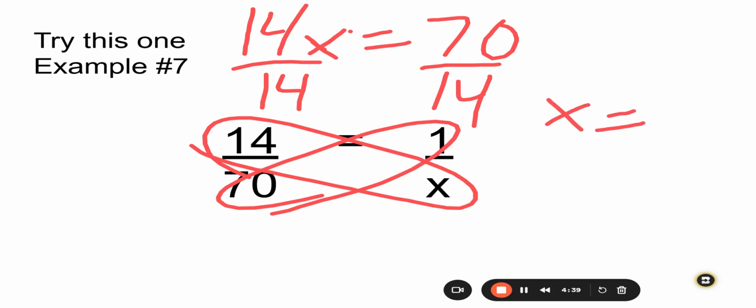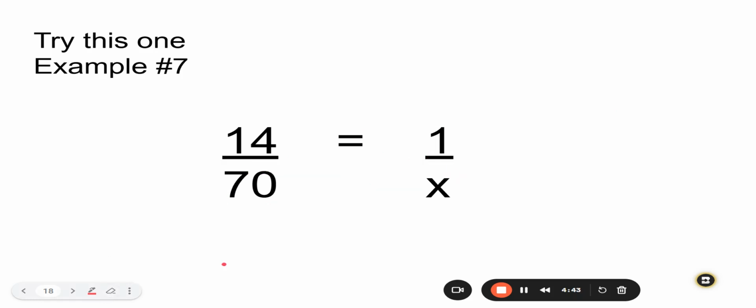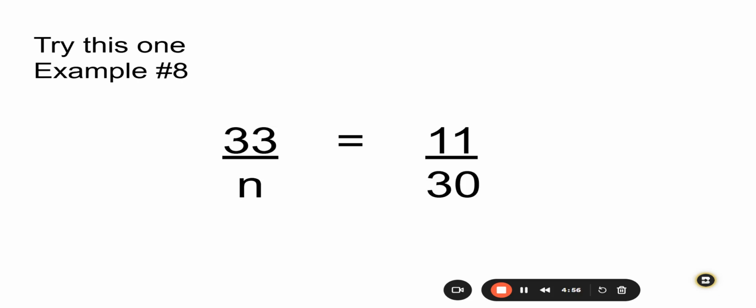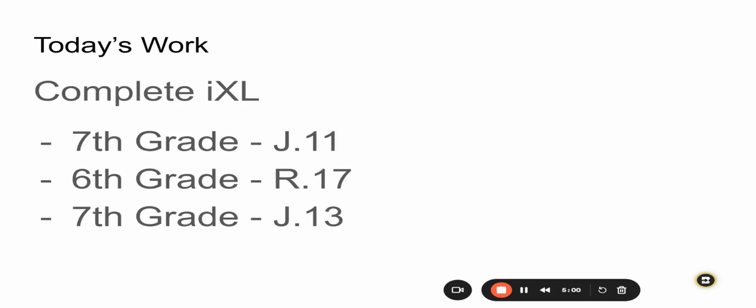So x equals 5. And then, of course, I can scratch this out and put 5 and then cross multiply to double check to make sure that the answers line up, that they're proportional. That's what it's called. It's called proportional. All right. How many more? We got a few more of these.